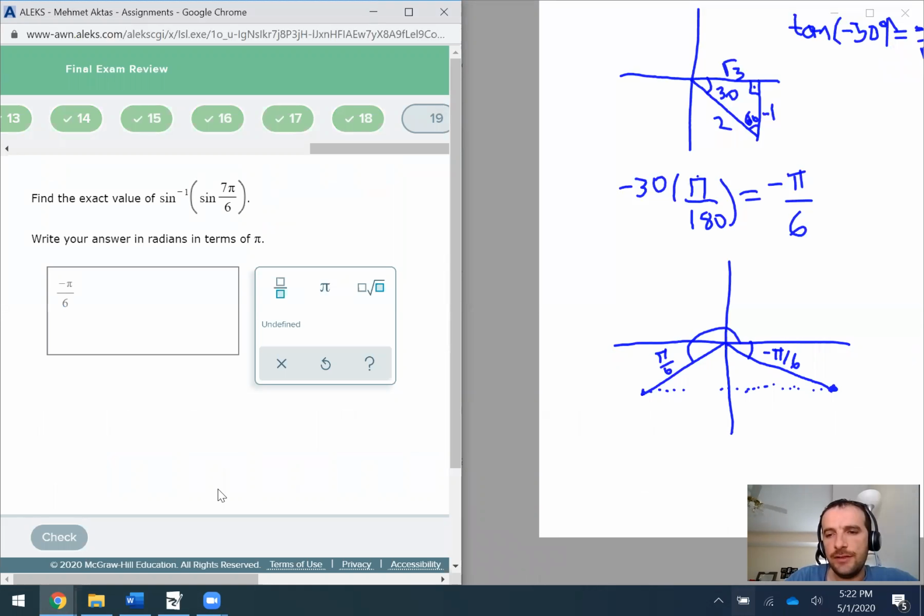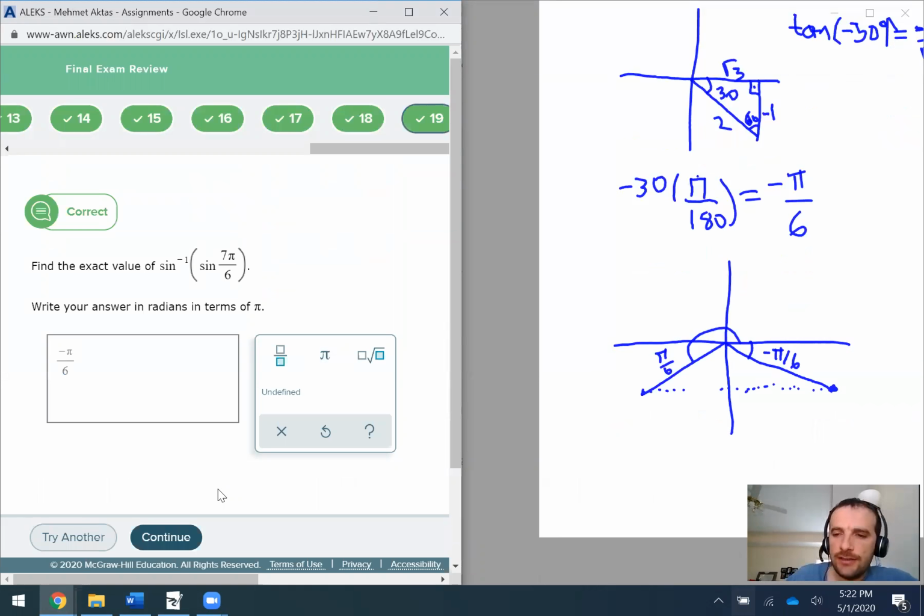So be careful which quadrant the angle is in. The answer cannot be 7 pi over 6 because it is not in the, sorry, I said domain, but I should say range. It's not in the range of the sine inverse.